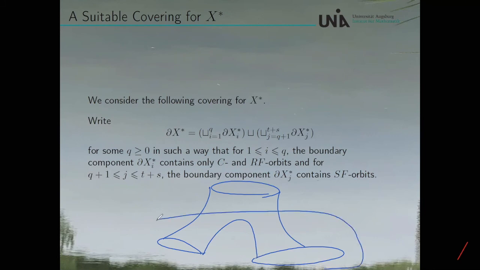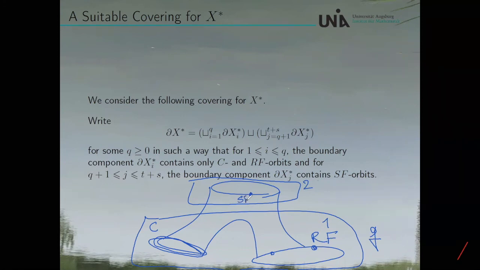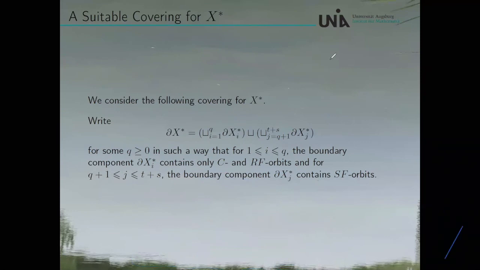The first group consists of those boundary components which consist entirely of circular orbits, or those fixed points which are topologically regular. Assume the number of them is Q. And then the second set is those boundary components where we have singular fixed points. Okay, this is the first step.